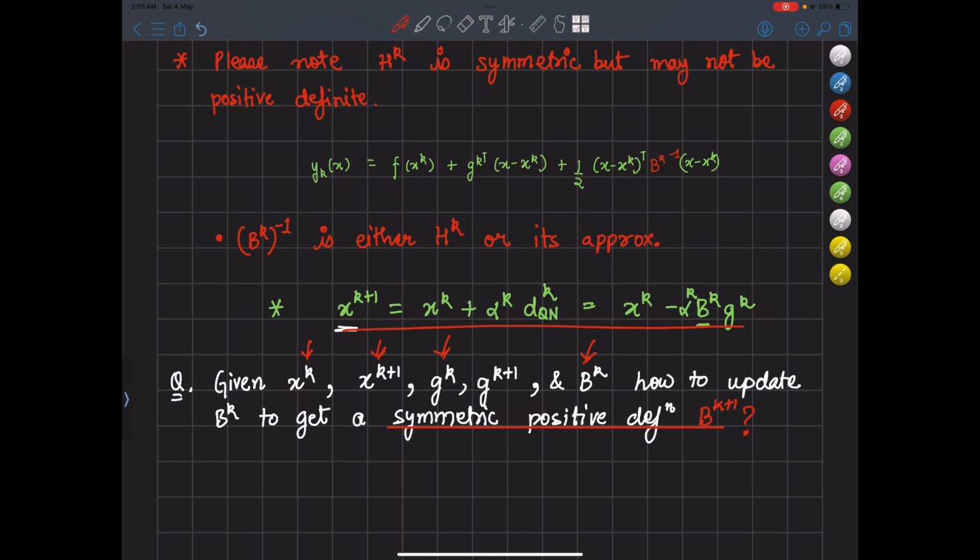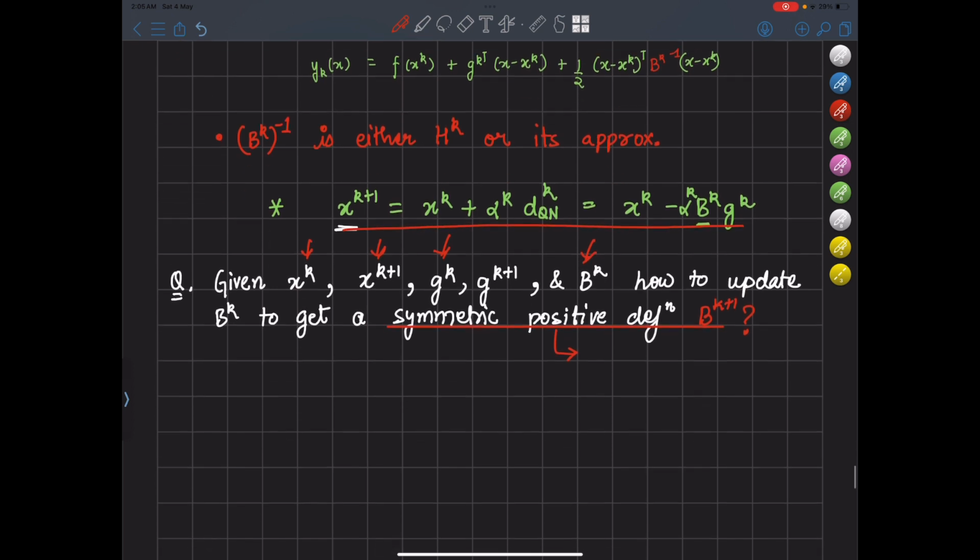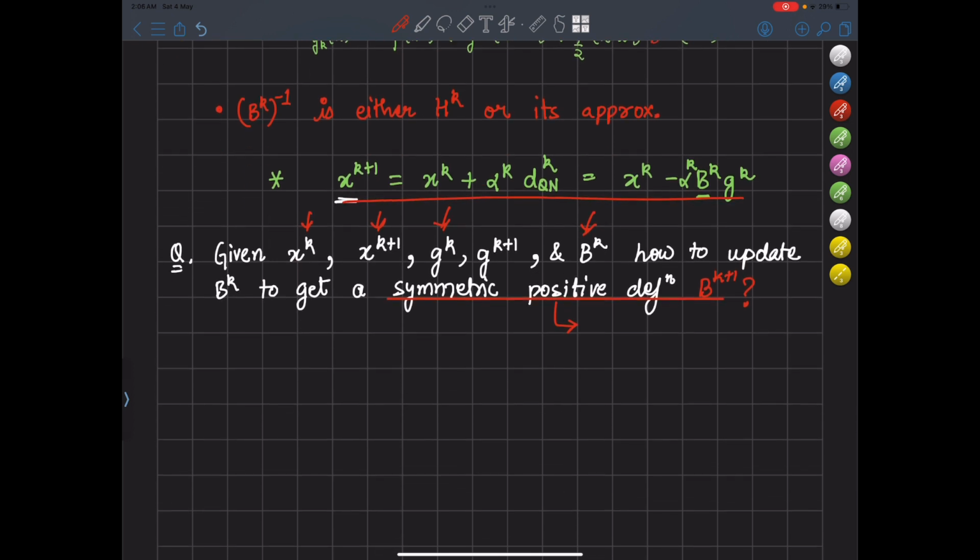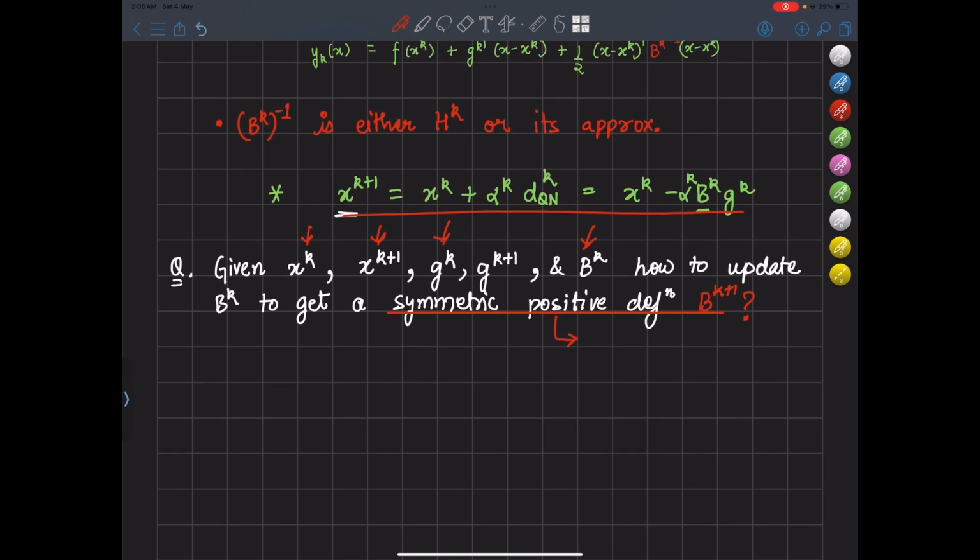Note there is an additional requirement, that is, Bk plus 1 should be symmetric positive definite. That should also be taken into consideration when we are trying to update Bk. The second natural question is: is Bk approximately equal to Hk inverse?